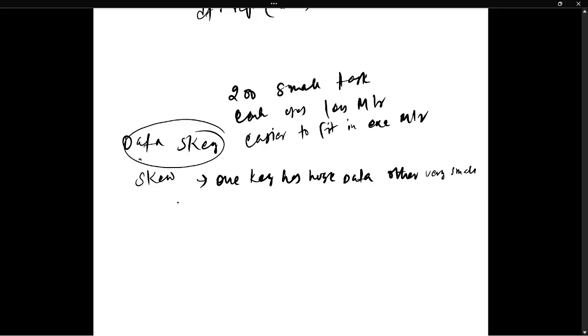Suppose we have country-wise data. The US has 80% and others have 20%. If data has this type of scenario, what will happen?